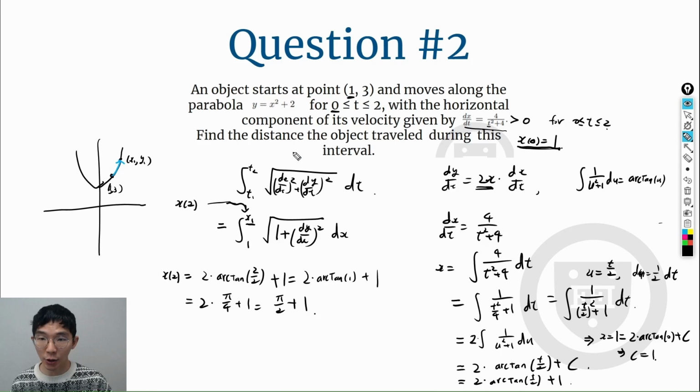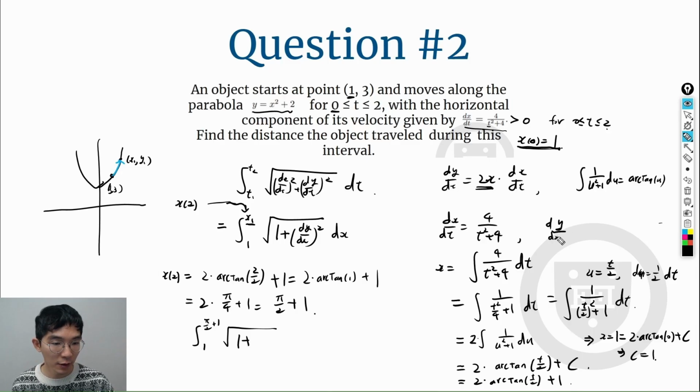So I know the distance the object traveled during this interval is the length of this blue line, the arc length, which can be expressed as the integral as x goes from 1 to pi over 2 plus 1 of the square root of 1 plus, what is dy dx? dy dx is really easy because all we need to do is take the derivative of y equals x squared plus 2 with respect to x, which gives us 2x.